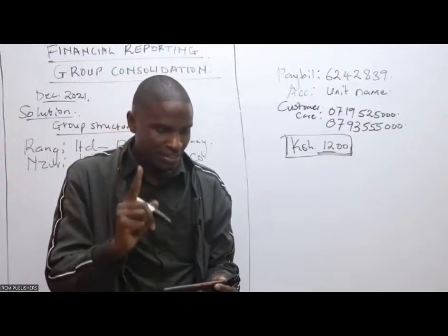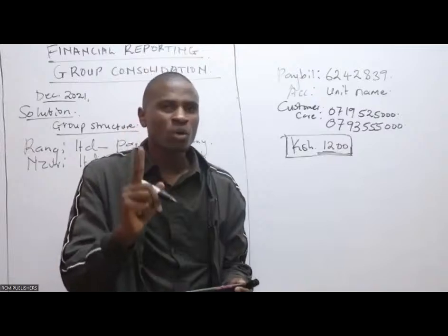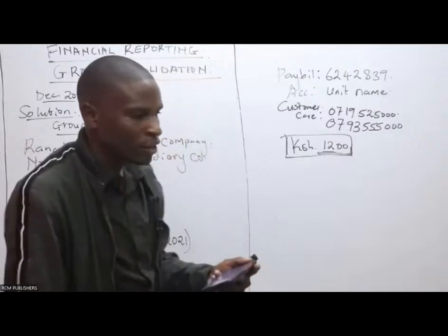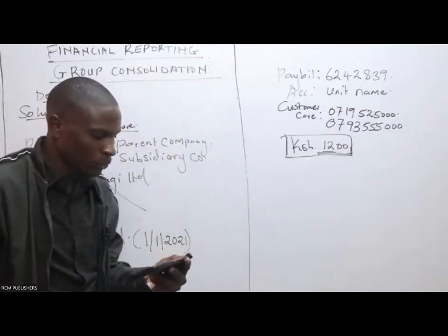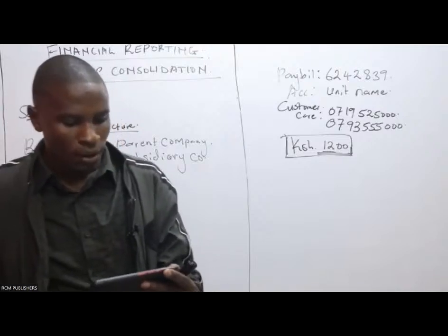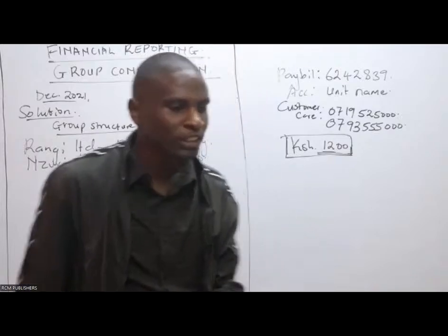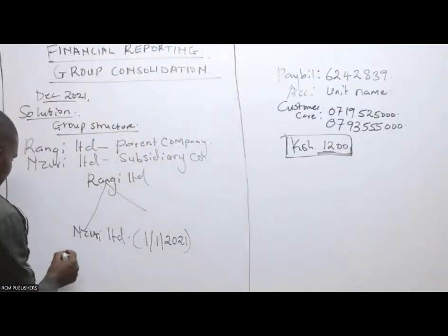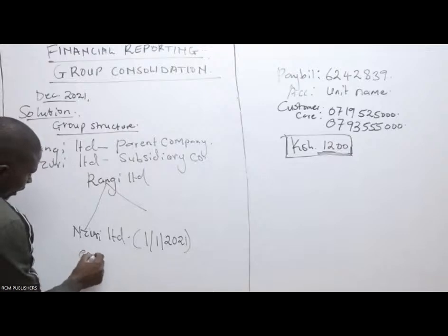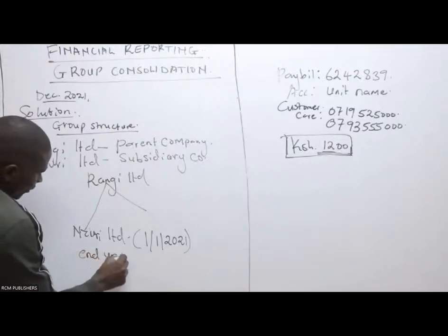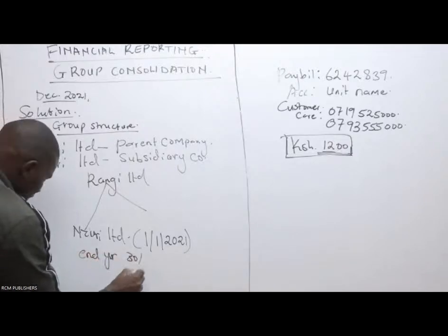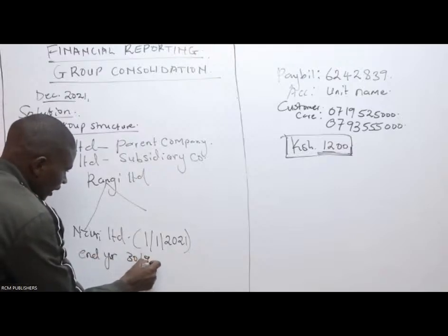The end and the start of the financial statement is also very, very important. So, to the question, we are told to come up with a group income statement for the year ended 30th September 2021.